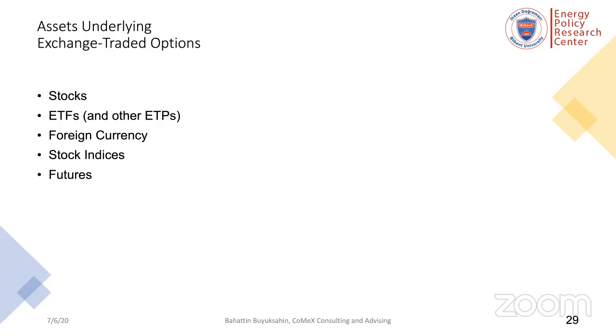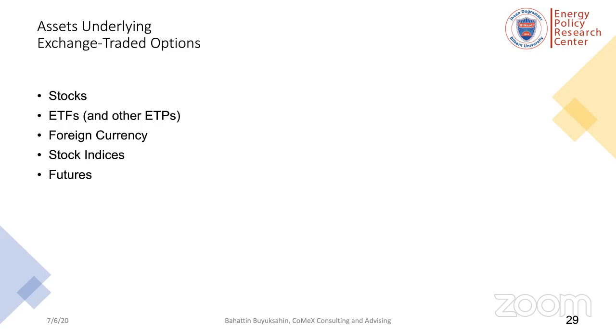What kind of assets we can have options on? First, of course, stocks. Most trading in stock options we are seeing is on exchange right now. This contract gives the right to buy or sell 100 shares at the specified strike price.